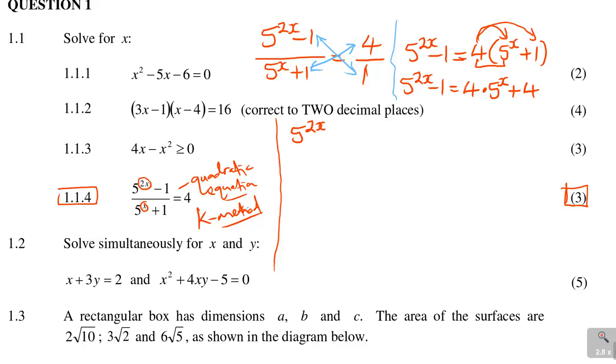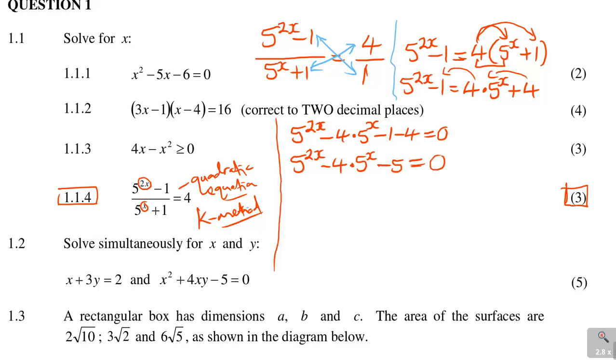Then take that to the other side, it becomes minus 4 times 5 to the power of x, right? And then after that you have got minus 1, and the 4 also goes to the other side, it becomes minus 4 is equal to 0. Then you have got 5 to the power of 2x, then minus 4 times 5 to the power of x minus 5 is equal to 0.